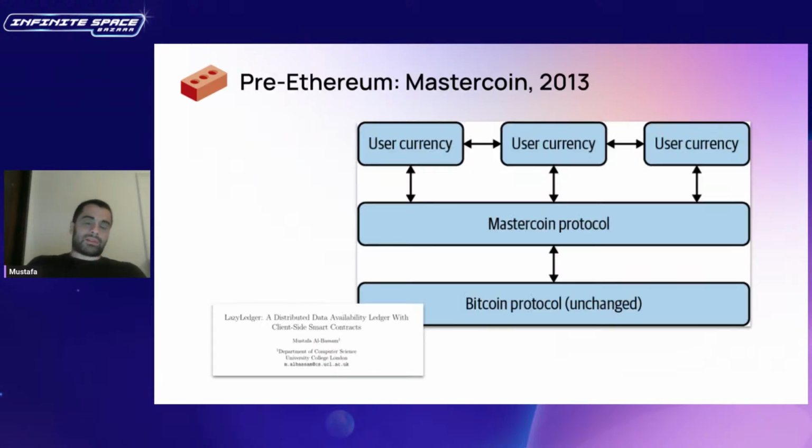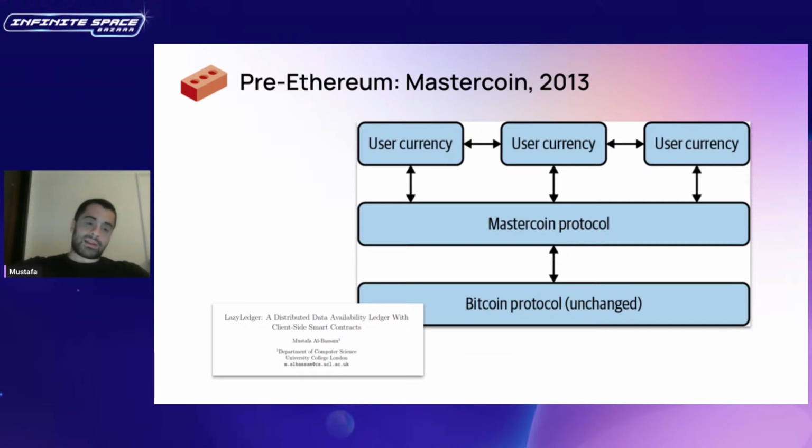And if you think about it, rollups are actually very similar to this pre-Ethereum protocol called Mastercoin, which was first created in 2013, where the Mastercoin protocol is very similar to this idea of a sovereign rollup, because, for example, USDT or Tether is actually built on this protocol, on the Bitcoin protocol.